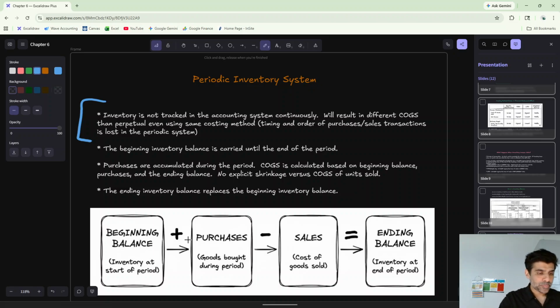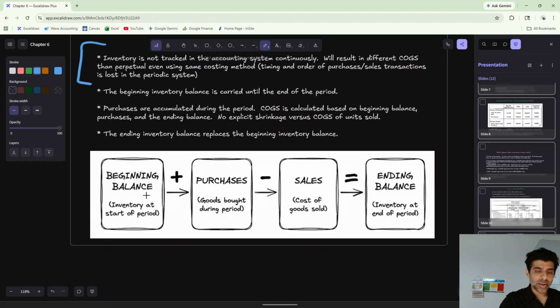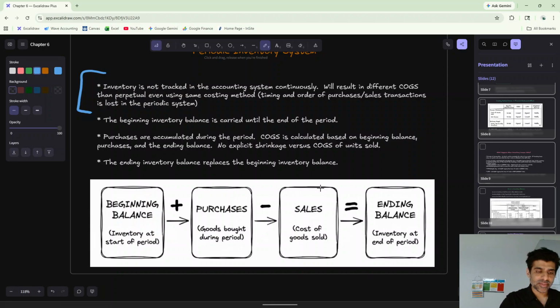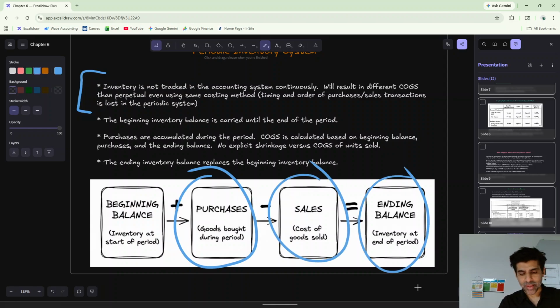It is not as accurate as a perpetual, and I'll show you a little example of why that is. But you basically have slightly different accounting. You're going to track your purchases, and you're going to have your sales, and you're going to have your ending balance count at the end of the period.